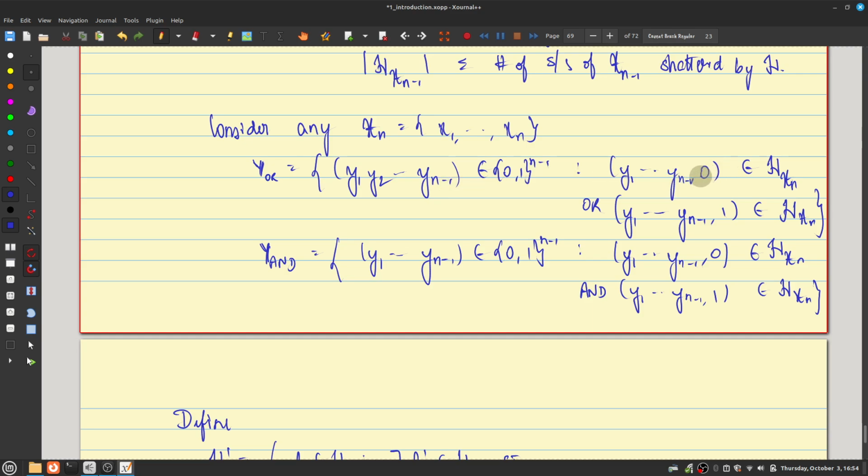These look at y1 up to yn minus 1, or in other words, n minus 1 vectors. For the nth element, either one of those two could lie in hxn, or both of them could lie in hxn.